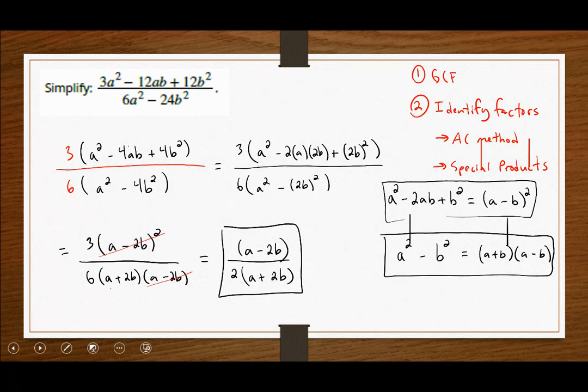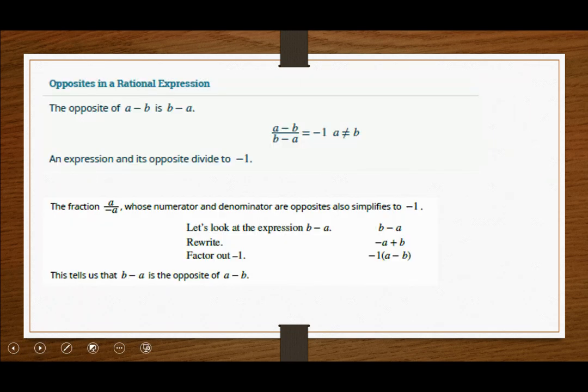So let's look at another example here that looks at something called opposites in rational expressions. This is a case where we have something that's pretty close to the same in both the numerator and denominator, but the order seems to be off. So a specific example might be something like x minus 2 versus 2 plus x, or negative 2 plus x.